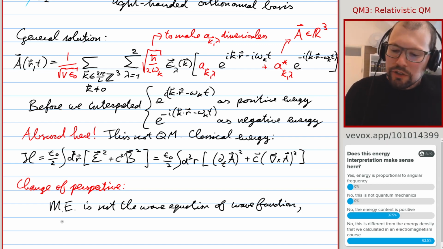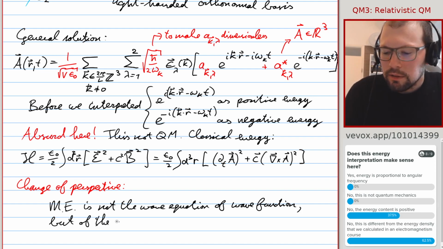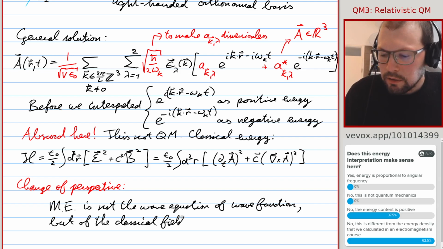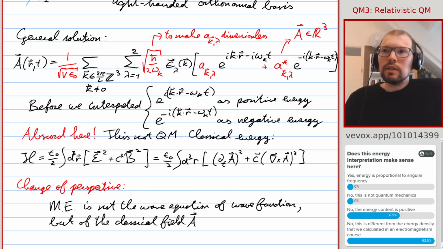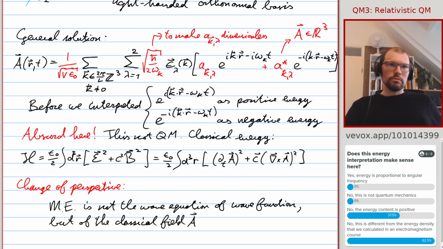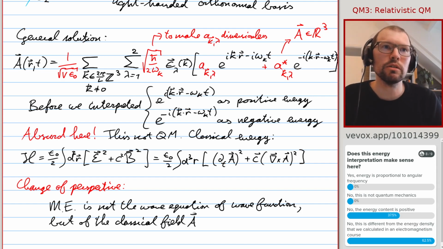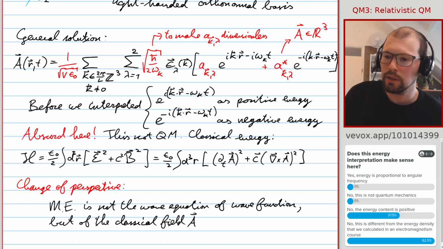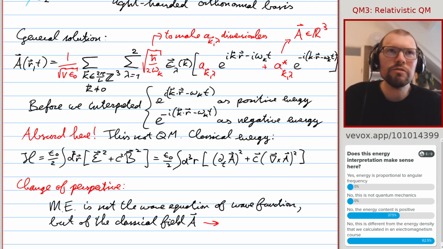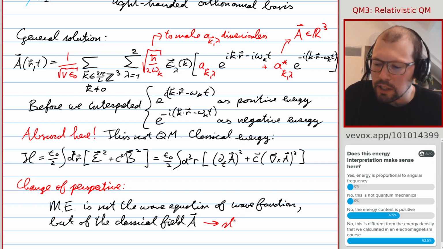It is the wave equation of a classical field. That is this vector potential. Or if we did not remove all the gauge, then it was this four-potential. So clearly we have not done any quantization here.